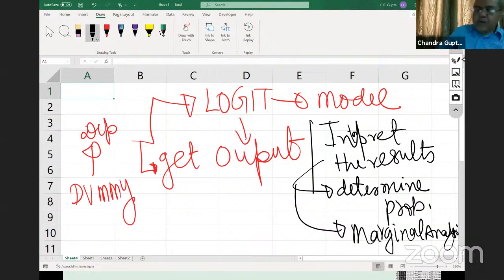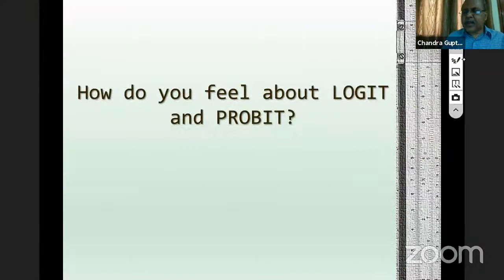So friends, I hope you are able to get the complete view of the logit probit model. Any one of you have any doubt, let me know. I hope at the end you are feeling comfortable with the logit probit model, you will not be afraid of using them, and now you are capable of properly interpreting them.